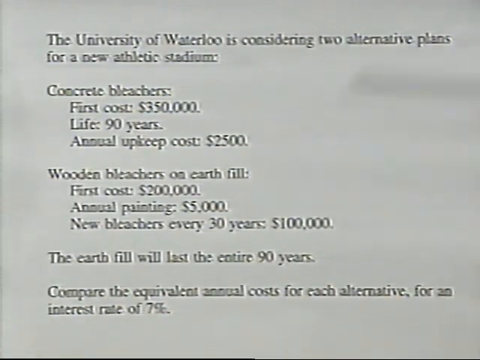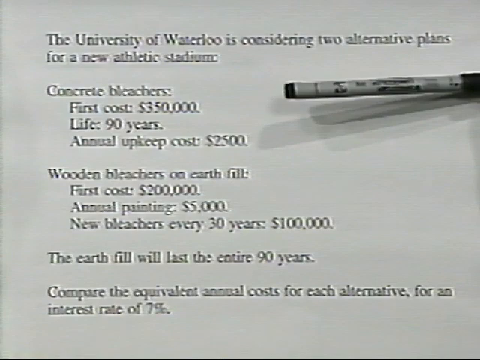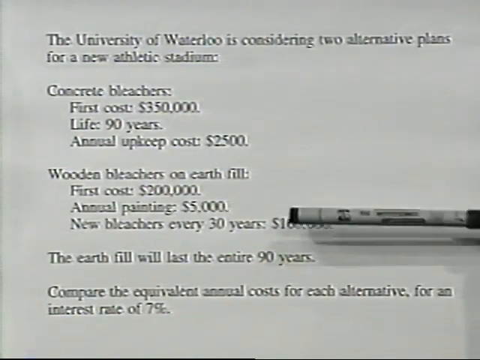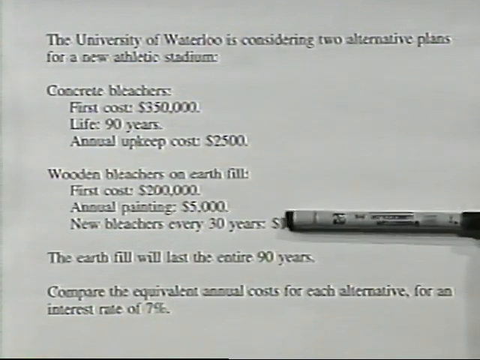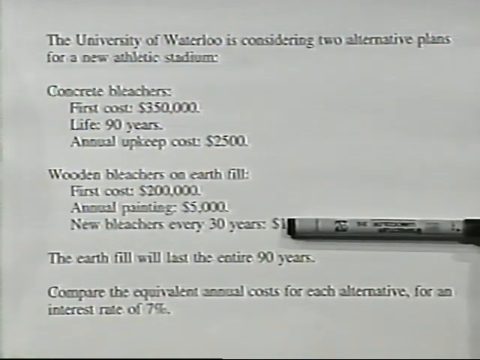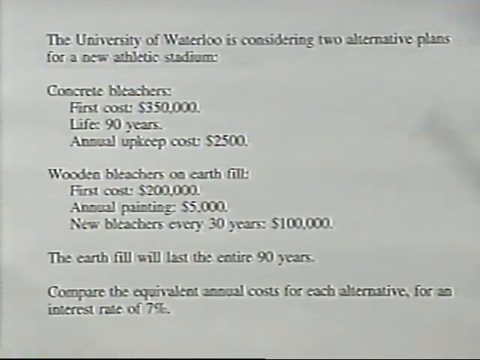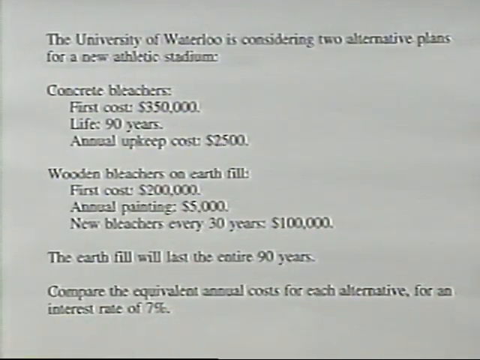And for each of these two alternatives, we have some costs. The life of the concrete bleachers is 90 years, and for the wooden bleachers, we have to replace the bleachers every 30 years, and the earth fill lasts the entire 90 years. So you can see there's a natural study period of 90 years for this problem. We're asked to compare the equivalent annual costs for each alternative. The equivalent annual cost is another way of saying the annual worth comparison.